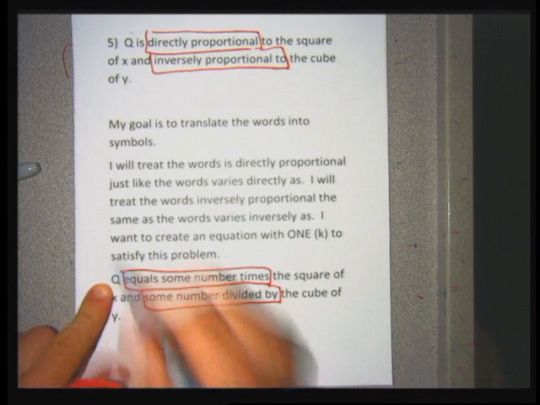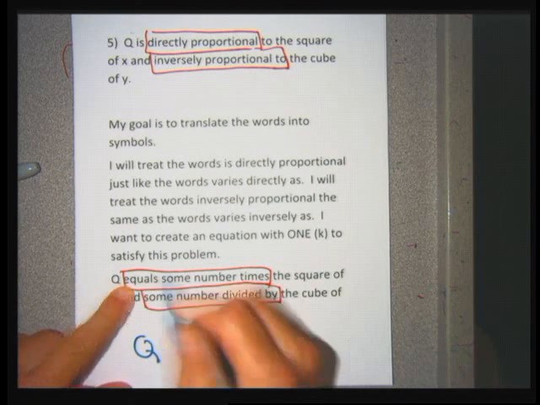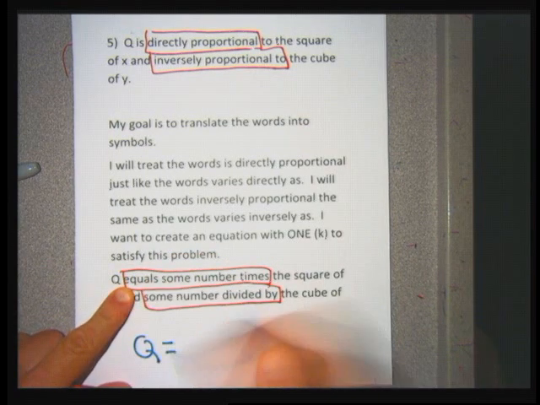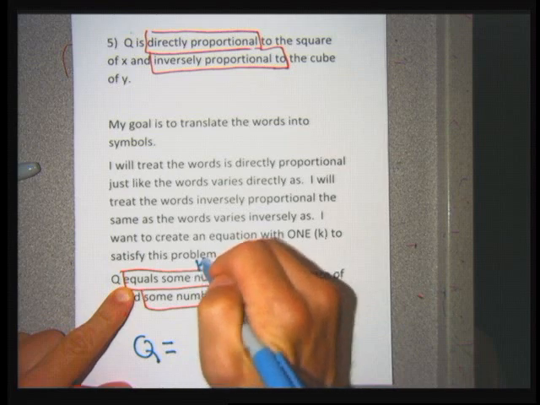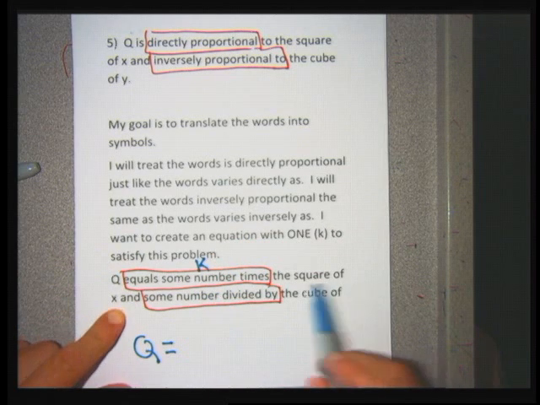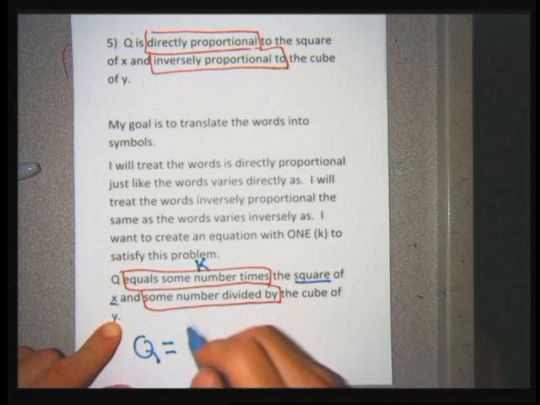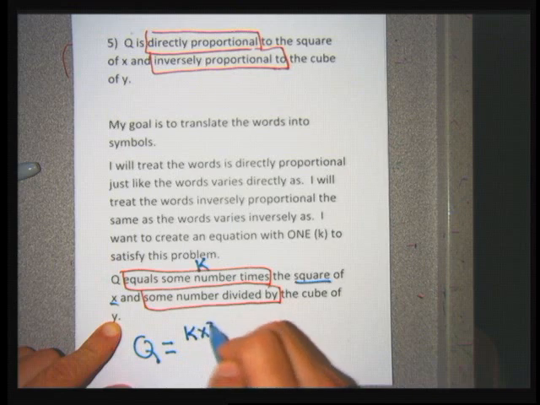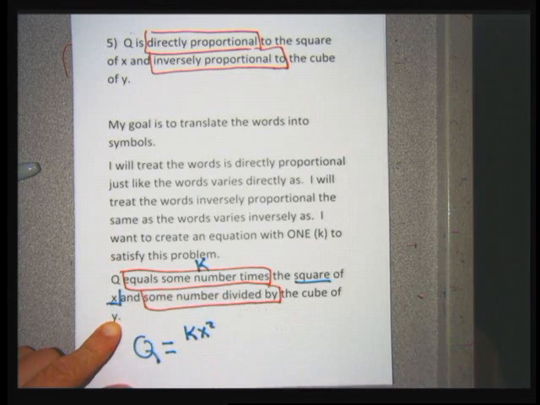So for the letter Q, I'm going to write a Q. For the equals, I'm going to write an equals. For the some number times, I'm going to write a K times. And what it's going to be times is the square of x. So if I just went to here and stopped right there, I'd get that.